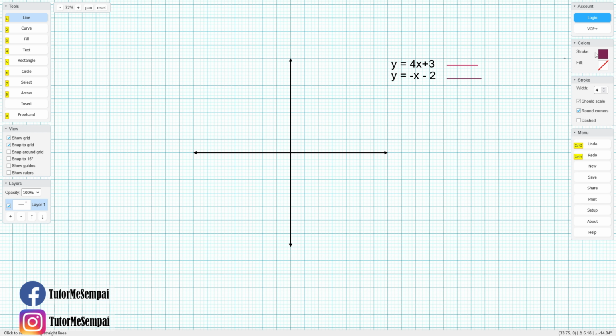So because I already have this color chosen, let's graph what this negative x minus 2 is going to be. Now you don't have to have an idea of where this intersection is going to be. Just graph them and see where you fall. So we have negative x minus 2, and we know that when we're graphing, we can start easily at our y-intercept, which is going to be this negative 2. And then our slope is going to be this negative 1. So we're definitely going down.